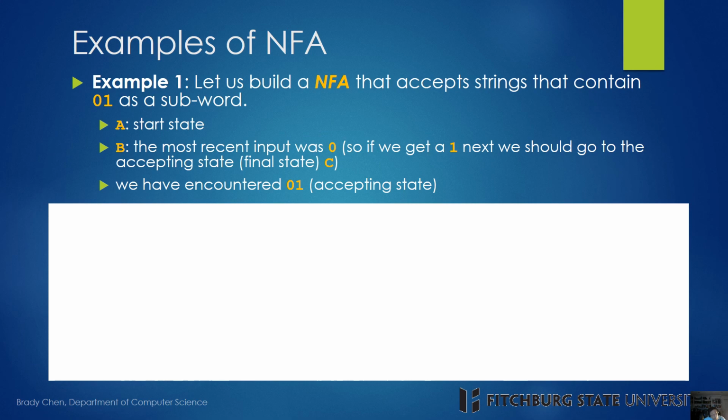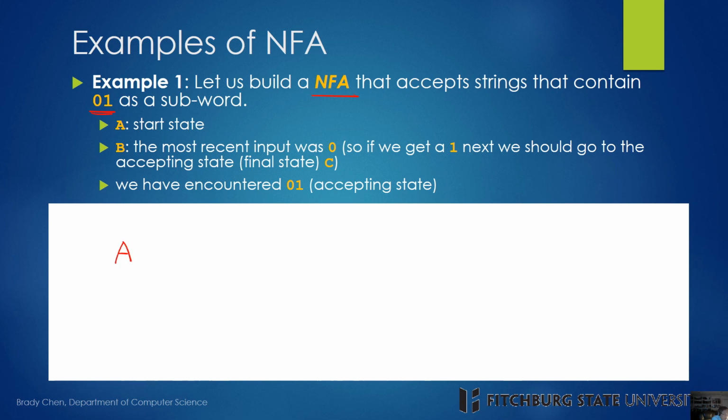So let's take a look at an example. Let us build an NFA that accepts strings that contain 0 1 as a subword. Okay, now let's do that. So how can we build this non-deterministic finite automaton?